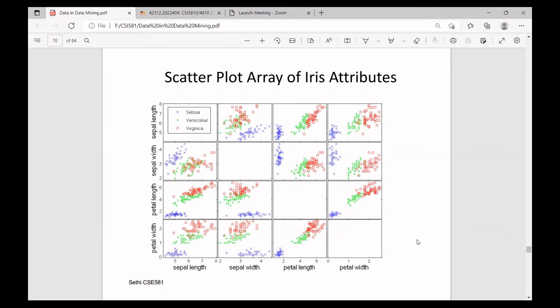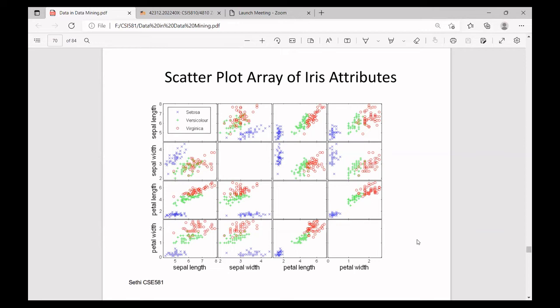Similarly, we have 4 columns corresponding to the 4 attributes. Except the diagonal blocks, where we are talking of the same attribute, the rest of the blocks represent a pair of attributes. What we are showing here is how those values are distributed in that particular block.